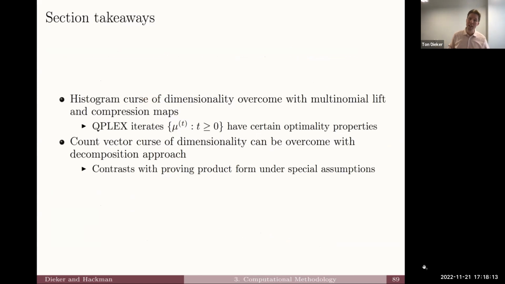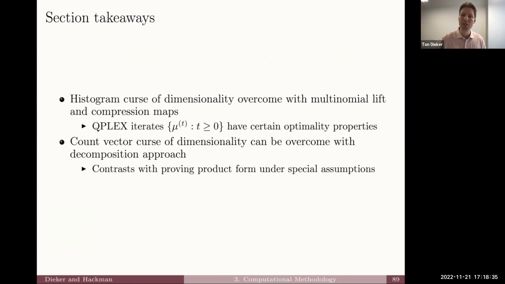All right, so what are the takeaways of this section? There were 2 curses of dimensionality, and we've overcome the first one by introducing the notion of compression and lifting, multinomial lifting, and the second one with the decomposition approach.